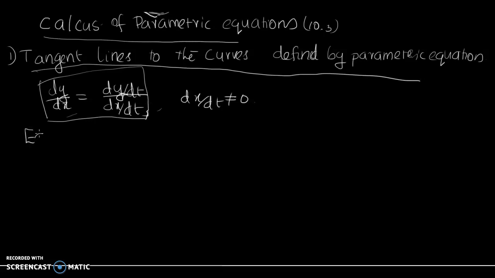We can do one example corresponding to this: x is equal to sec t, y equal to tan t, minus pi by 2 less than t less than pi by 2.